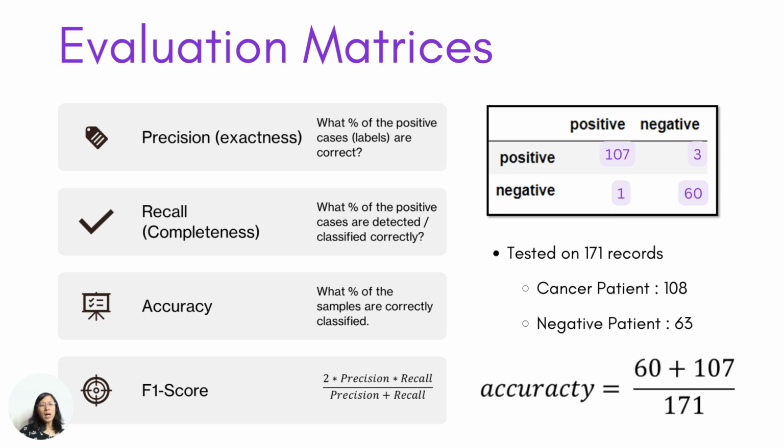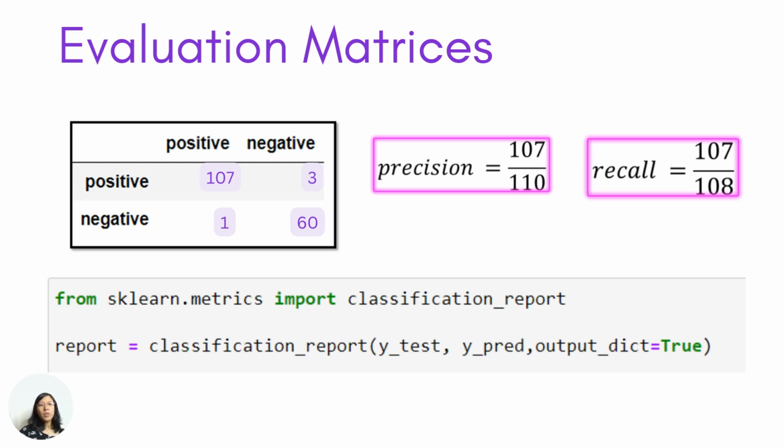We also use other parameters to measure the classifier. Another evaluation metric to measure the performance of your classifier is precision. Precision measures the percentage of true labels. In this particular example, our model has labeled 110 cases as positive.